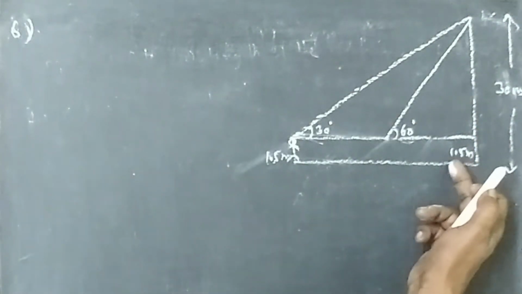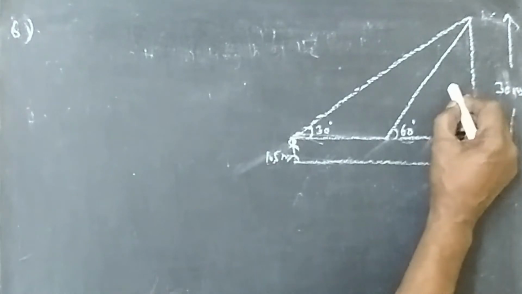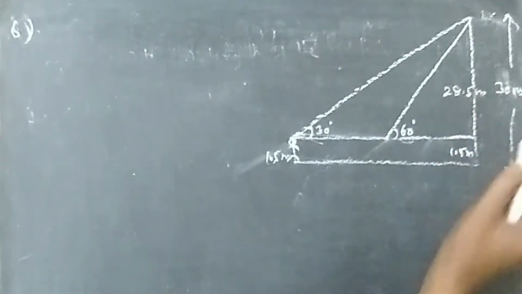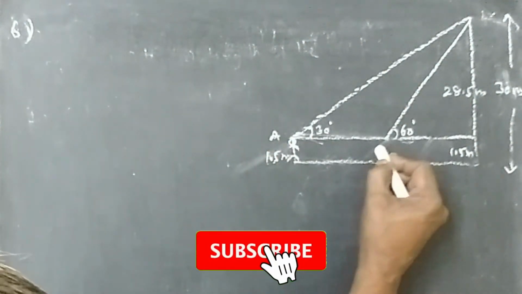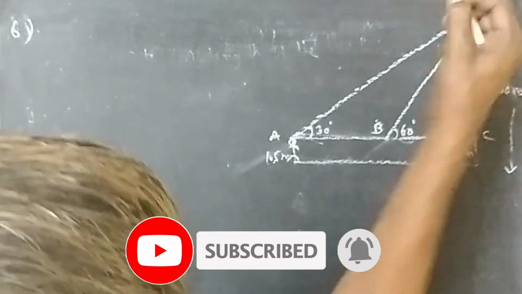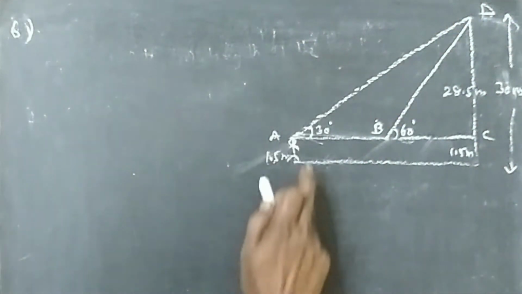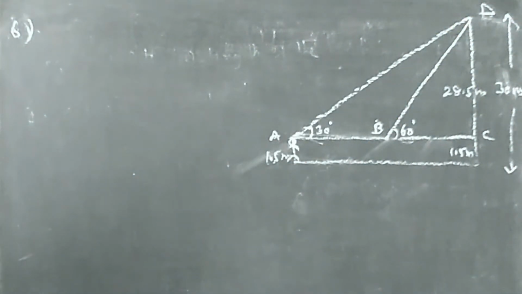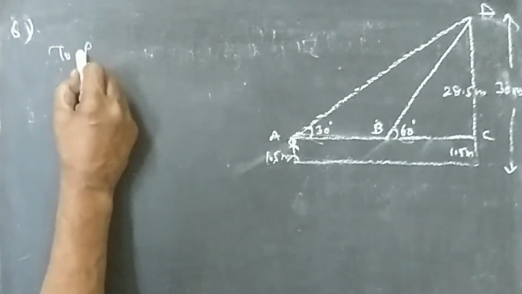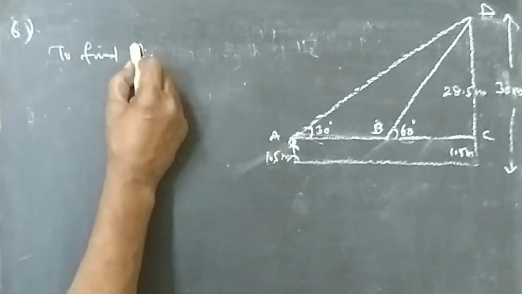We subtract 1.5 from 30. This equals 28.5 meter. A, B, C, D. Here we have to find AB.